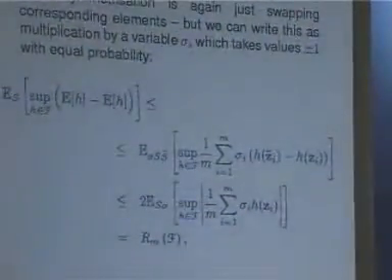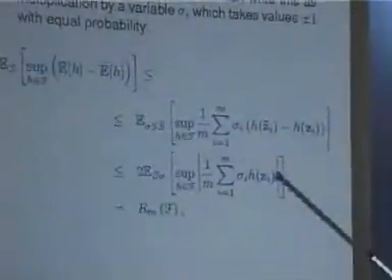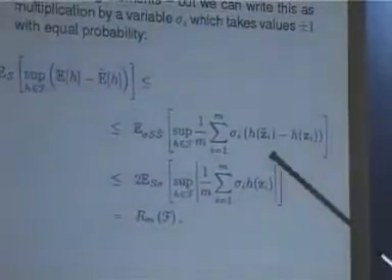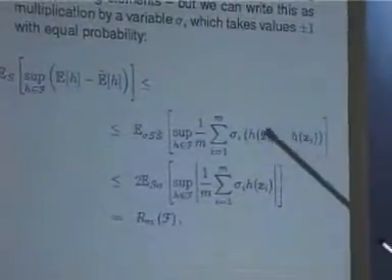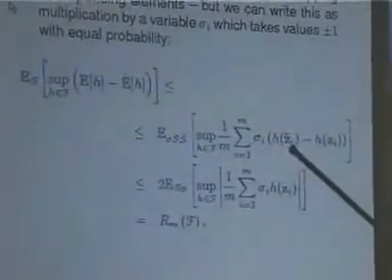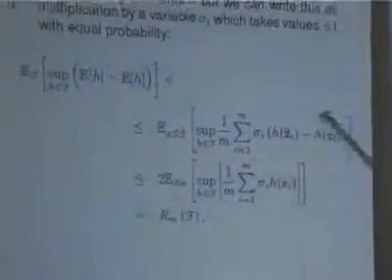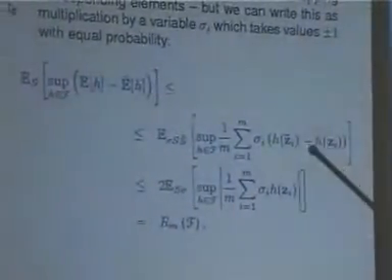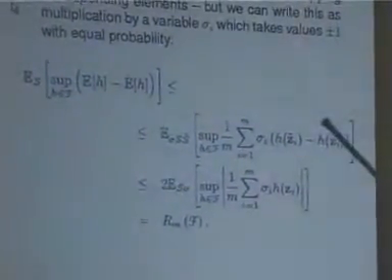Okay, so things go very smoothly, and now at this point what we're going to do is split apart this sum into the two sums, sum sigma_i h(z_i tilde) minus sum sigma_i h(z_i).